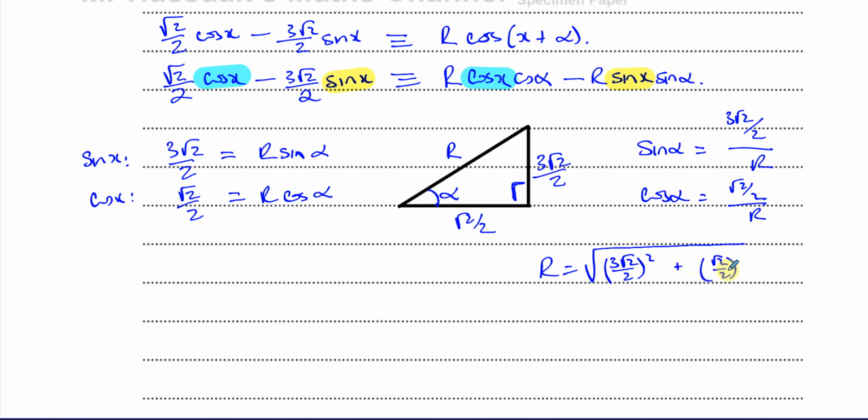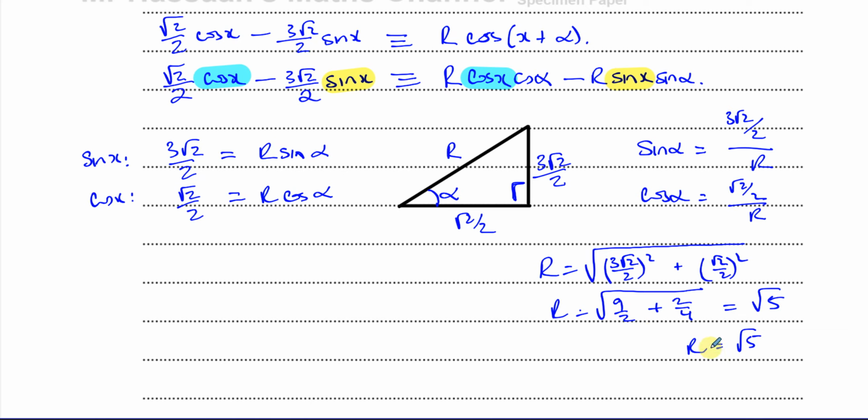So r is going to be the square root of, this will be 9 times 2 over 4, which is 9 over 2, plus 2 over 4, which is a half. So you have 9 over 2 plus 1 over 2, which is 10 over 2, which is 5, so you end up with the square root of 5. So we know r equals the square root of 5. I'll round it correctly at the end, just find what r is.